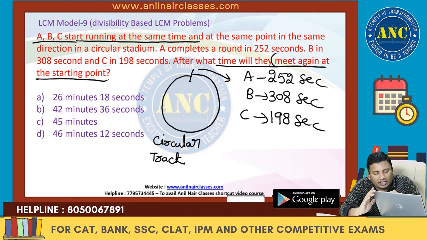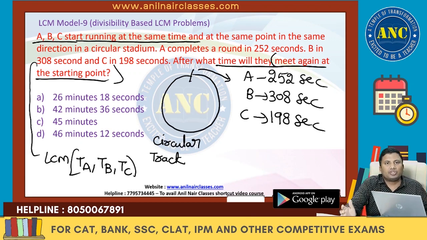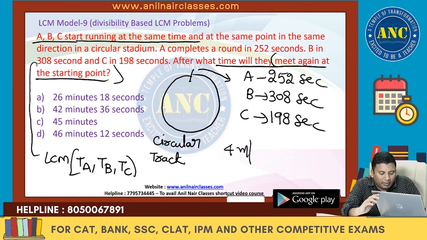Meeting again at the starting point is nothing but the LCM of the time period taken by these three: TA, TB and TC. Suppose somebody is going at 4 meters per second, another is going at 6 meters per second.